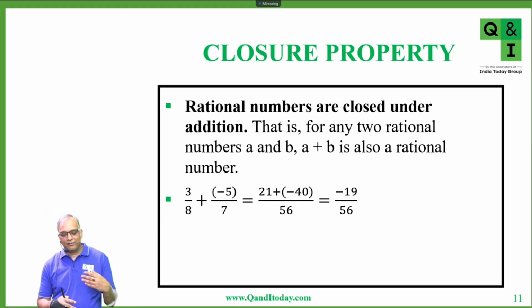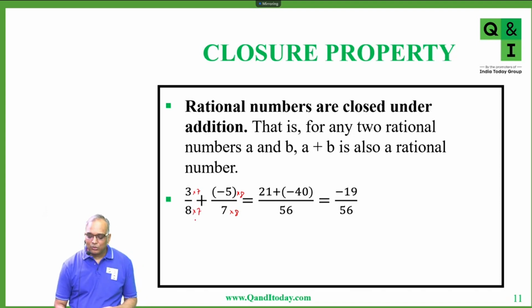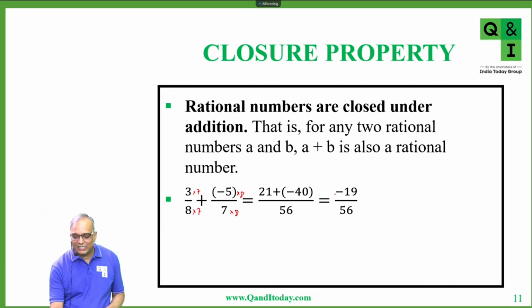And then we convert 3 by 8 with denominator 56 by multiplying both numerator and denominator by 7. And similarly, minus 5 by 7, we multiply both numerator and denominator by 8. Is it clear? So then you will get 21 minus 40, that is minus 19 over 56.